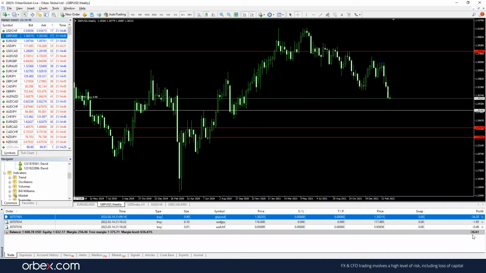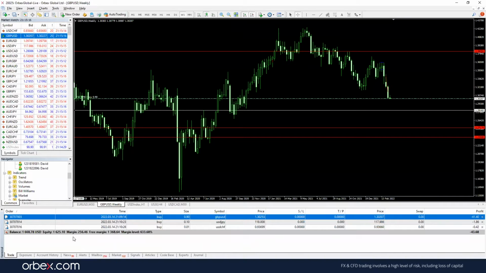If I minus this 36.61, then that will leave my equity. So if I was winning this trade that I opened for pound dollar, I'd be $40 in the plus, and then my equity would be 1,066.78 plus $40. So I'd be in a winning position there. That's simply what your equity is.